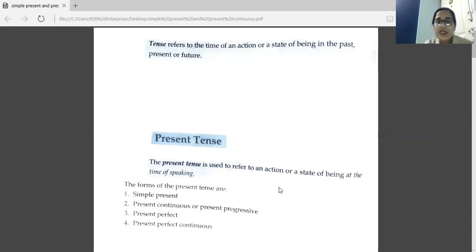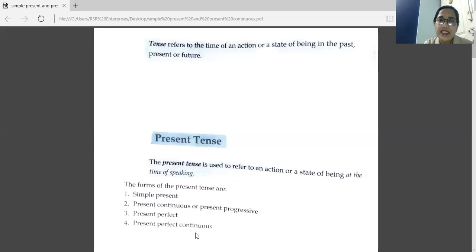Present tense has four forms. Now, what are these forms? First, simple present tense. Second, present continuous tense. We call it present progressive also. Third, present perfect tense.